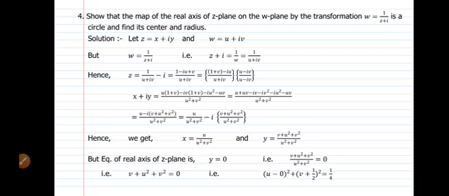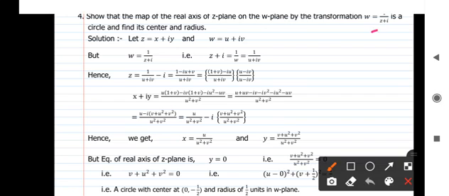So here again you are getting a circle with center at (0, minus 1 by 2), and its radius is 1 by 2 units. So the real axis of z plane is mapped onto a circle in w plane under this transformation, which is nothing but first translation and then inversion.